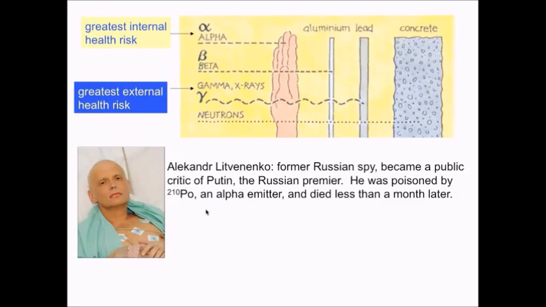Somebody put polonium-210, which is radioactive and emits alpha particles, probably a polonium-210 compound, on his salad. He ate some of that salad, and he died less than a month later. So the alpha particles, again, externally no problem, but if you ingest a substance that's releasing alpha particles, then it's deadly.